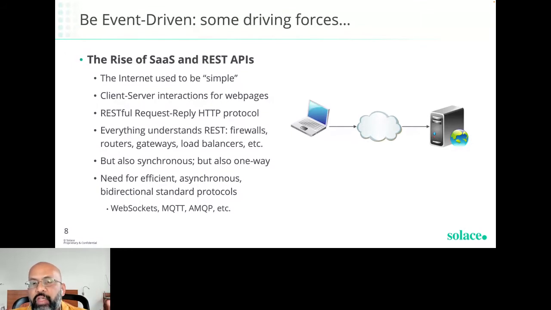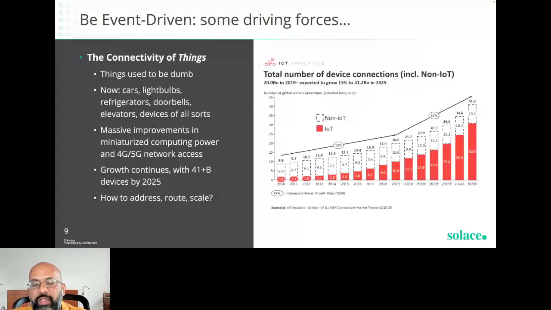Last but not least, we are living in an era where everything is treated as things, except for humans. Maybe we are also full of things, meaning you have a watch, an electronic gadget, a phone. Pretty much the world is full of devices which used to be dumb. Now they're all smart devices, starting from your refrigerator, doorbell, elevator, and so on. And without the need for a wired connection, we have 5G and 4G networks.